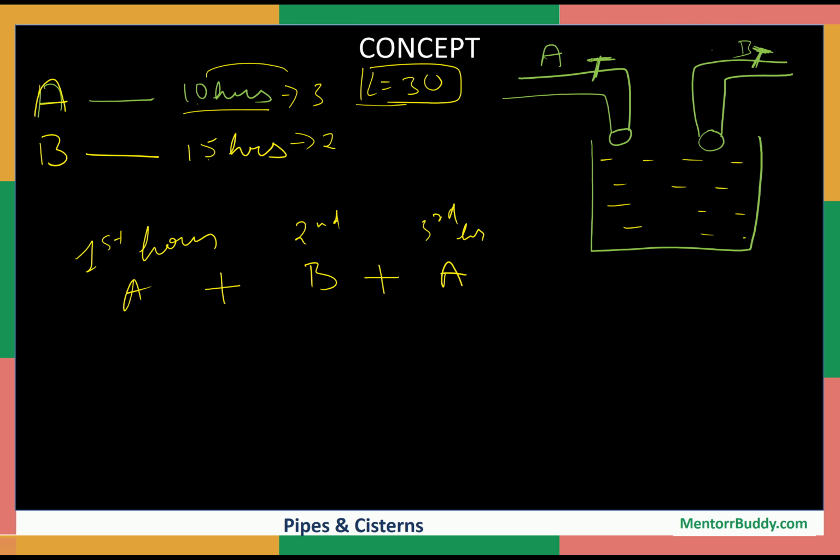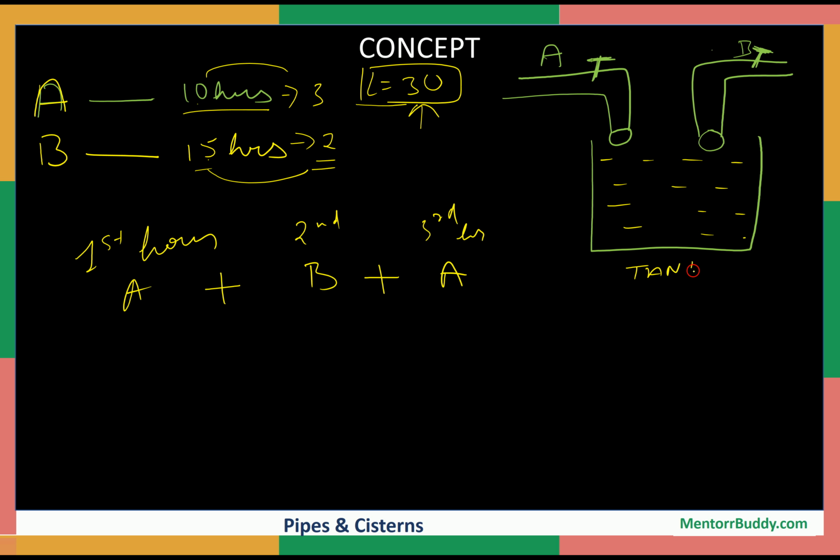Similarly, if 2 is the work done by B in 1 hour, then in 15 hours, 15 multiplied by 2 is also 30. It means the total capacity of the tank is 30. Whenever we take the LCM like this to find the efficiency, the LCM is always the total amount of work. So here, the total amount of work is the capacity of the tank.